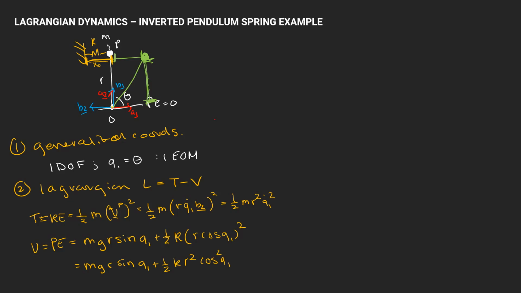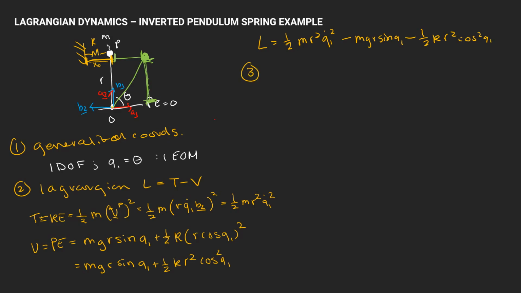And so to compute the Lagrangian, we subtract T from V, so our L is going to equal T, which is 1/2 mr squared q1 dot squared, and then minus V, so minus mgr sine q1, and then minus 1/2 k r squared cosine squared q1.